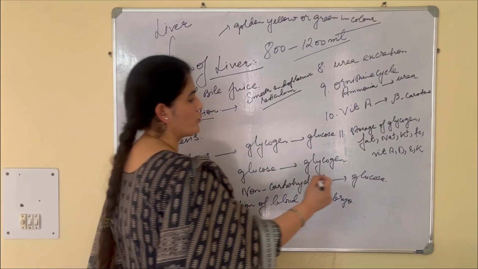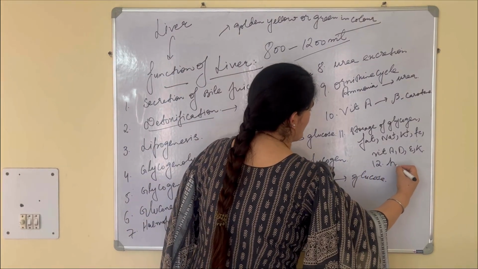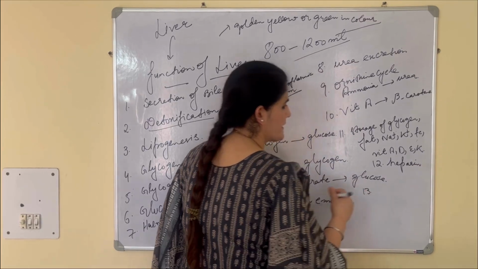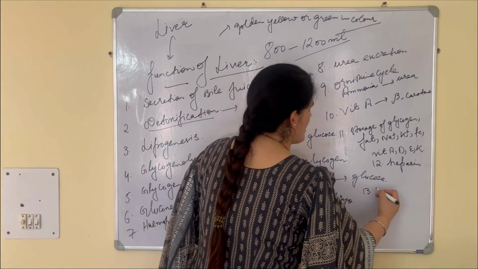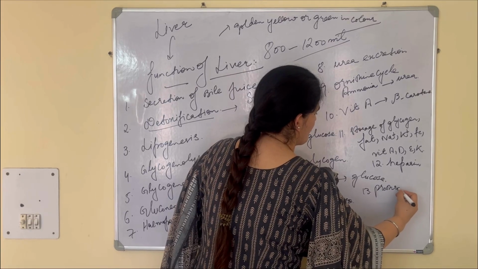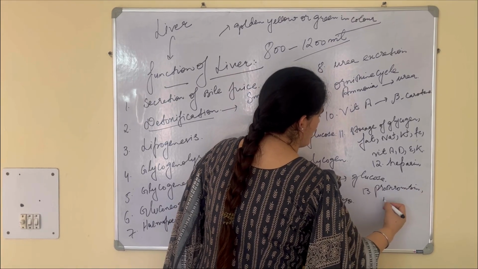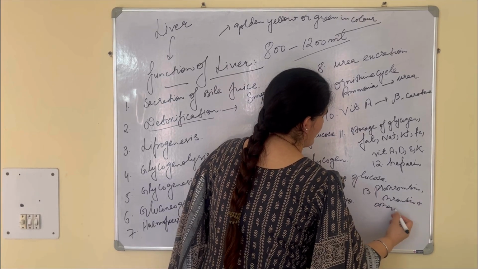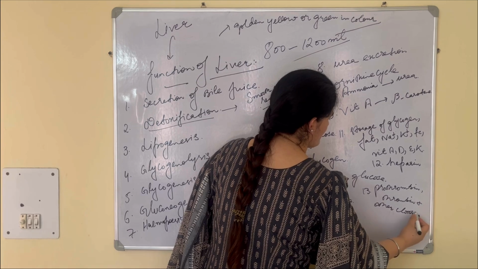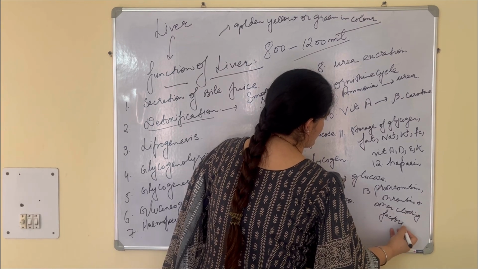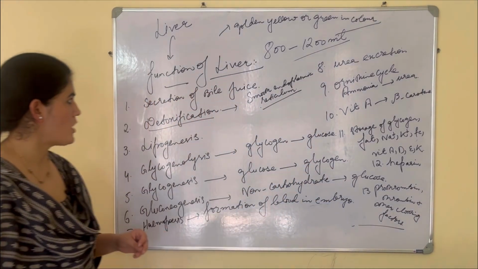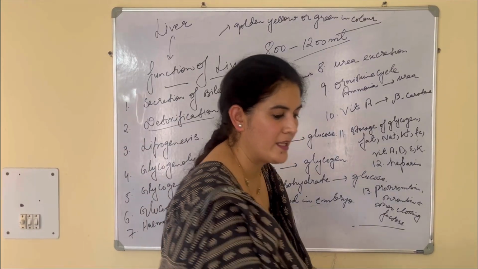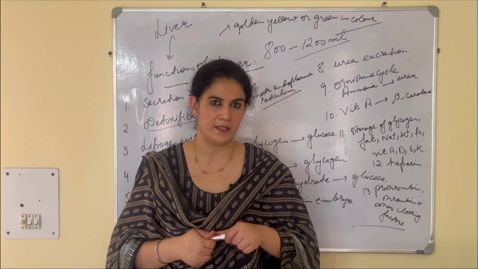The liver also secretes heparin, and produces blood clotting factors, which are proteins, basically prothrombin, thrombin, and other clotting factors. So see how important the liver is to us, how many functions it does. So we should eat healthy and keep our liver healthy.